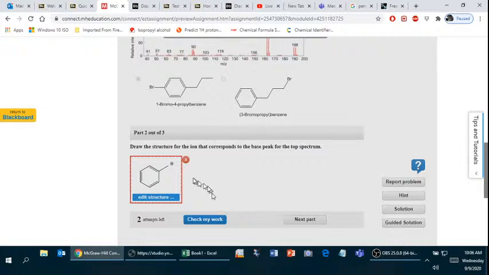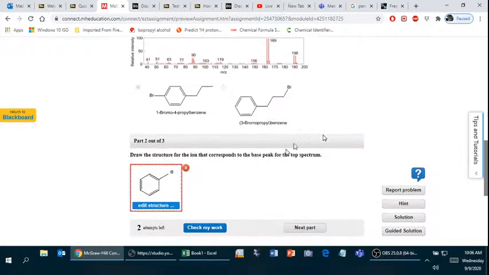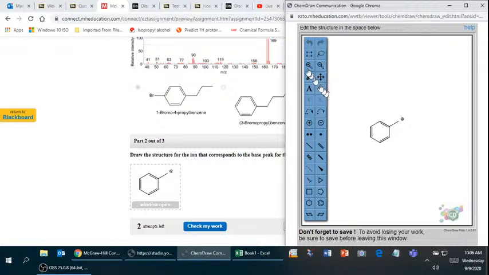Huh. Wonder what the answer is. I don't know what it means. Sorry, it forms a ring. So to draw this molecule, it is a ring.